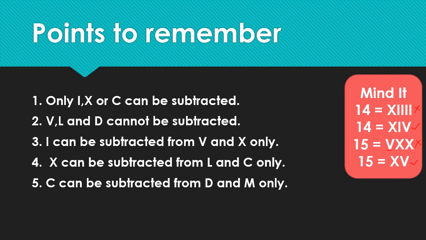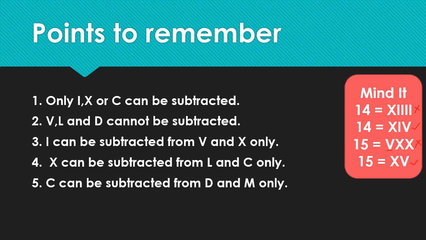See now. 14. 14 can be written as XIV. Then again you see here 14, XIIII. Which is correct here? Yes, this is correct. This is not correct. The symbol I can be repeated 3 times, not more than 3 times.